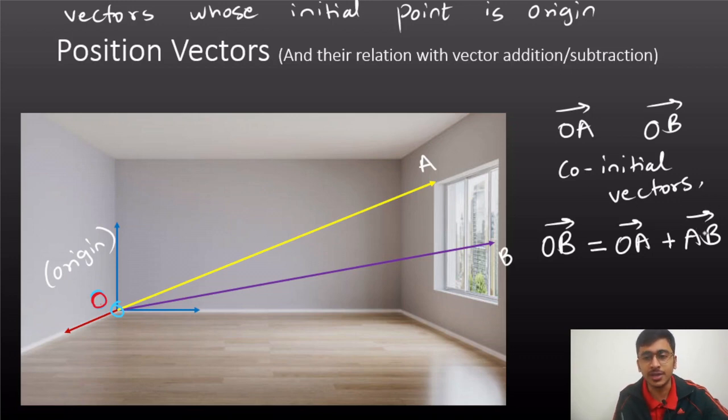Essentially what I am doing is OB vector is equal to OA vector plus AB vector. Is it clear? If I have to draw it geometrically, I'll draw this AB vector, and you can already see that it's kind of forming a triangle. And this is essentially what we'll see in more detail, the triangle law of vector addition.